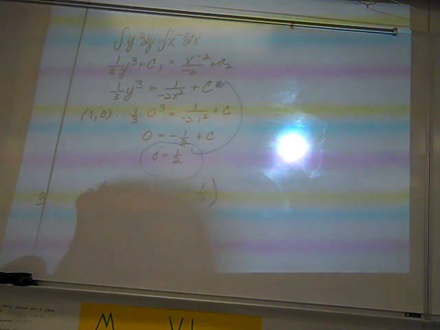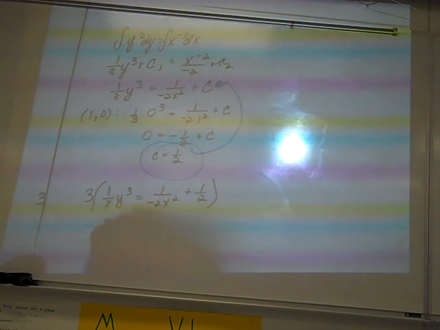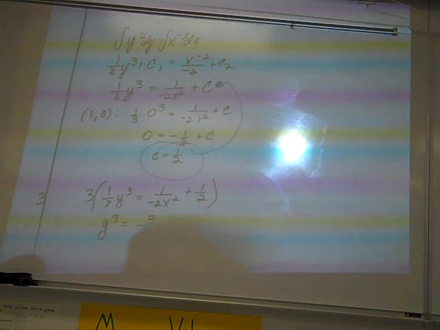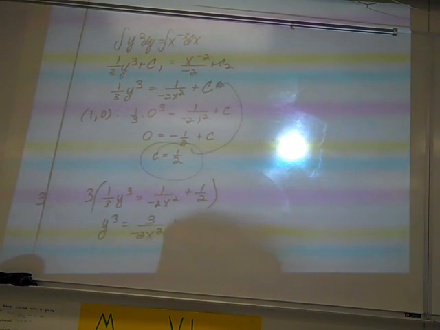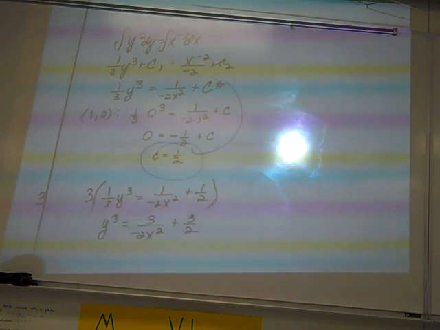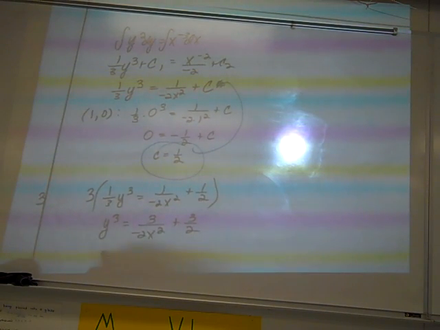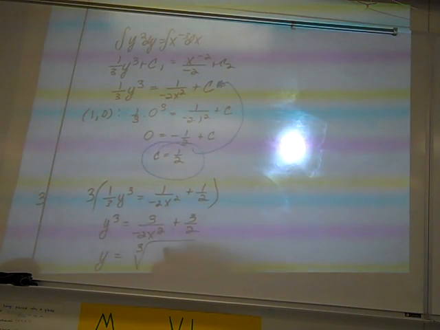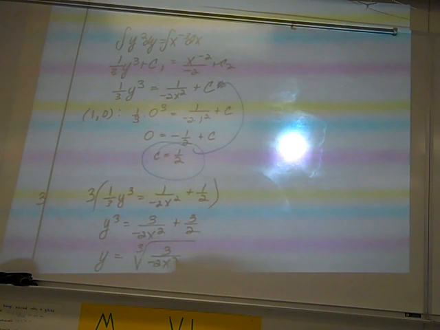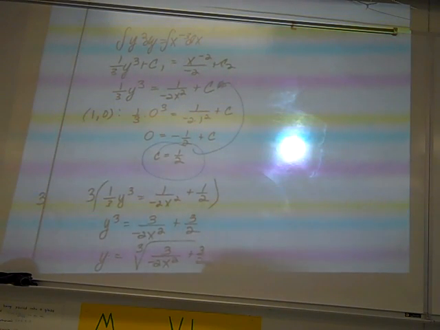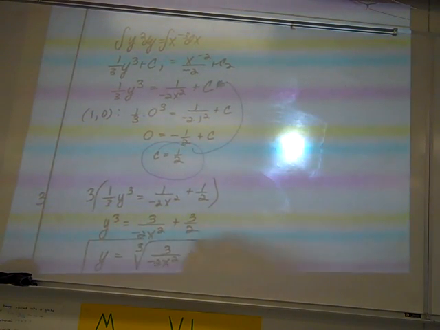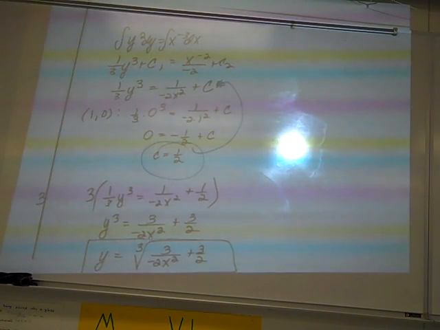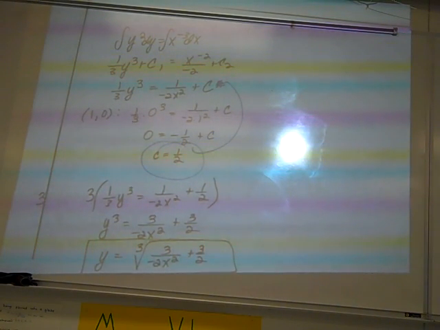What you're going to do now is multiply both sides by 3. So y cubed equals 3 over negative 2x squared plus 3 halves. There it is. From here we take the cubed root and we get that y equals the cubed root of 3 divided by negative 2x squared plus 3 halves. The exact same answer that we had before.